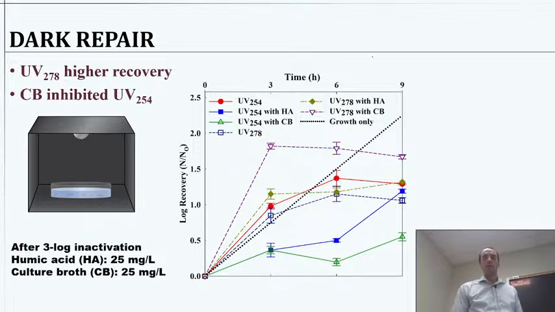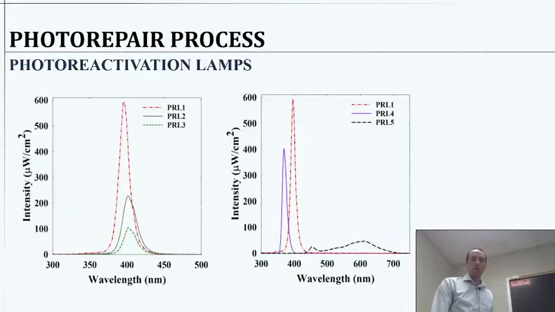And this is over the course of a 9-hour period. But generally, most of them are maybe 1 log recovery after somewhere around 3 to 9 hours. And we're going to contrast that. That's sort of the baseline, with none of that photolyase stuff happening, at least not during this recovery phase.